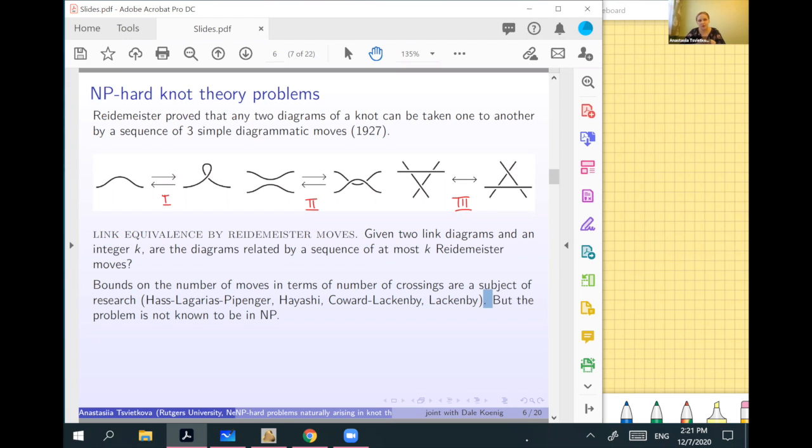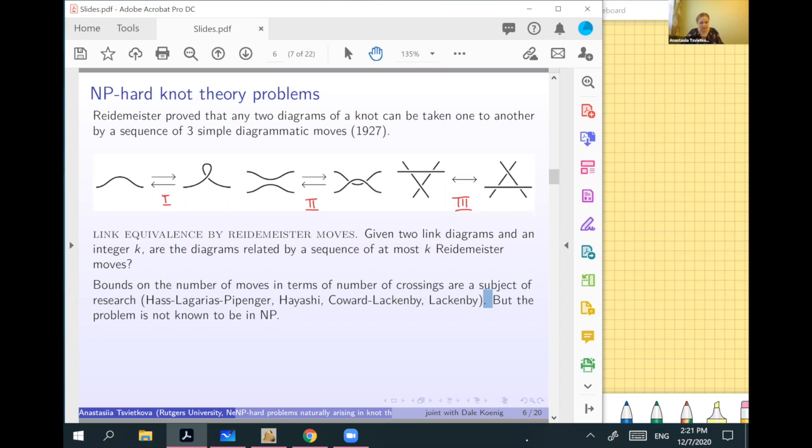And then you can ask, instead of just link equivalence in general, the link equivalence by Reidemeister moves problem: given two link diagrams and an integer k, are the diagrams related by a sequence of at most k Reidemeister moves?